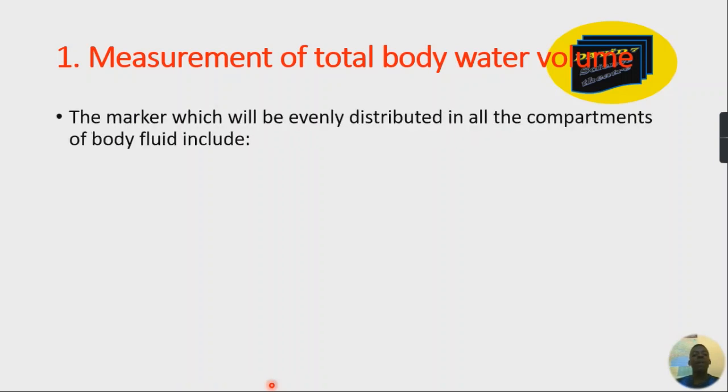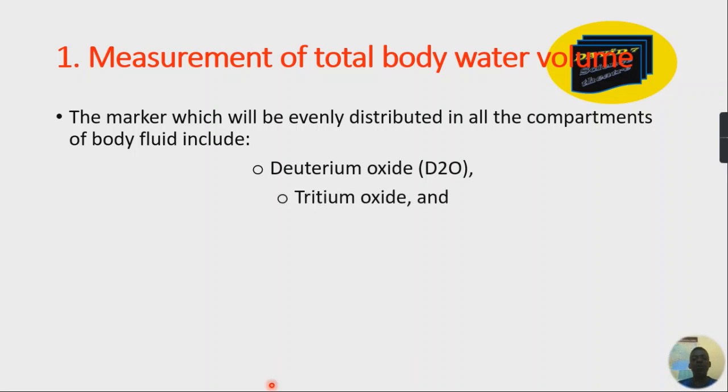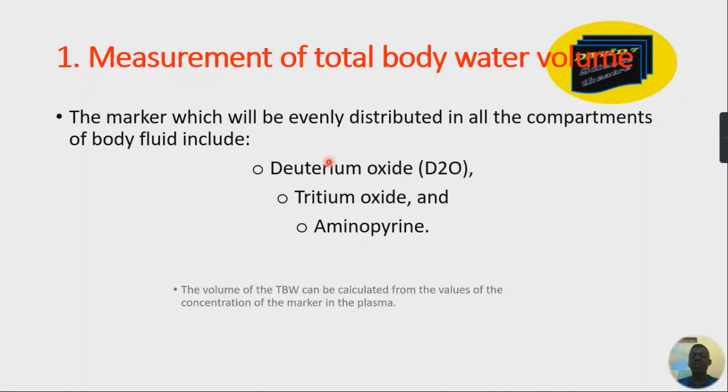How is this measured? The marker will be one which evenly distributes in all compartments of the body fluid. These markers include deuterium oxide, D2O, tritium oxide, and also aminopyrine. These three are capable of distributing into all the compartments.